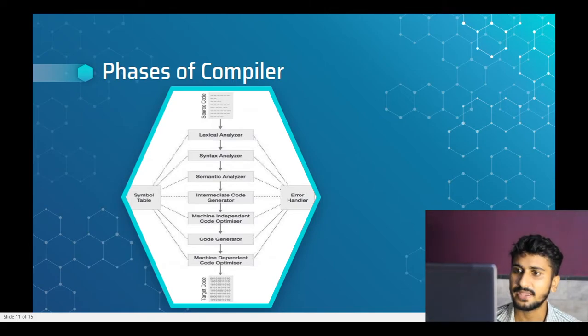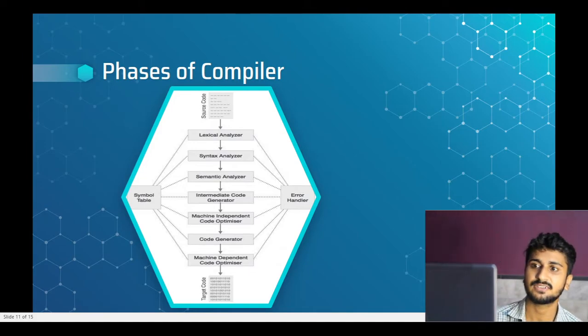No, it's code optimization. So what is the work of code optimization? The next phase optimizes the intermediate code. Optimizing can be assumed as something that removes unnecessary code lines. For example, I am writing a program, so I have a lot of lines of code.